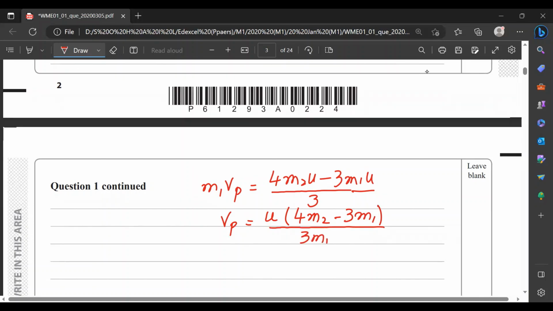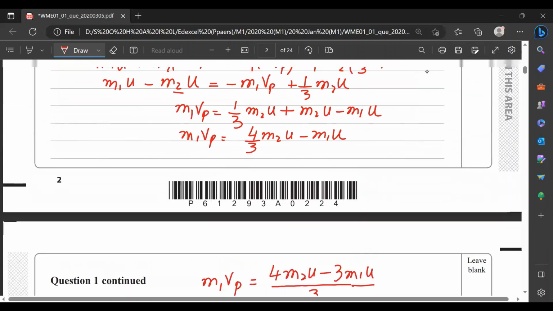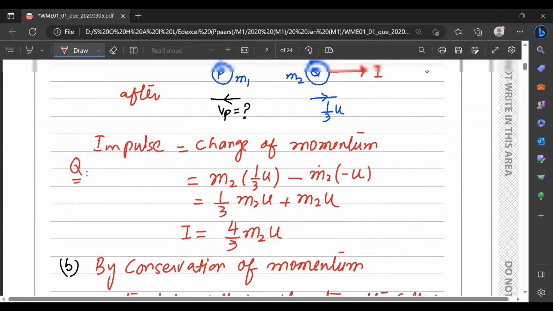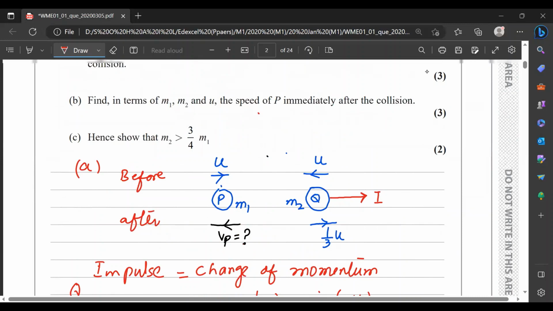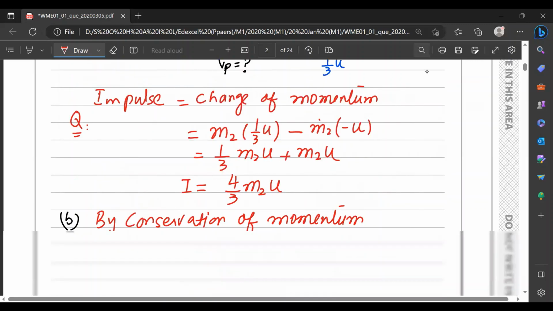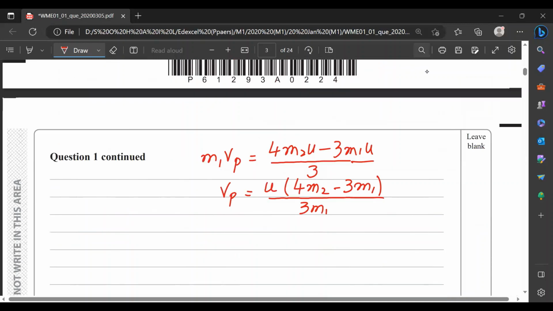The question was to find, in terms of m1, m2 and u, the speed of P immediately after the collision. So this is the speed of P immediately after the collision, and we have the answer to part B.